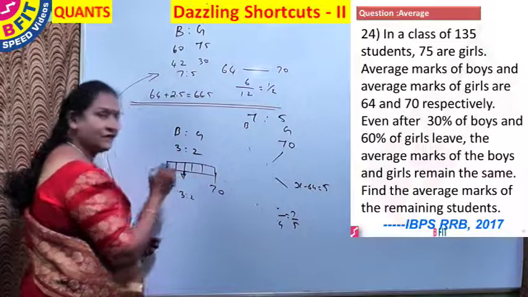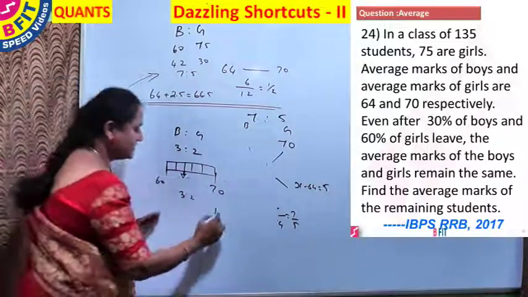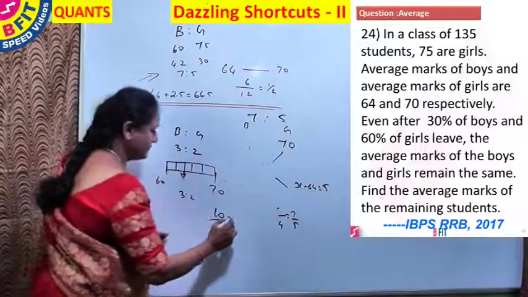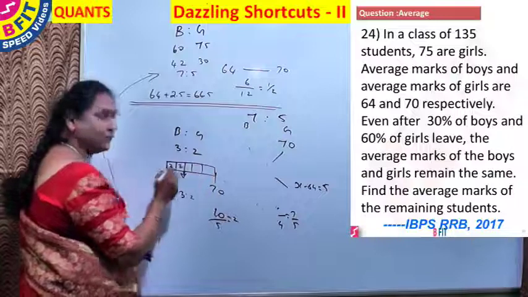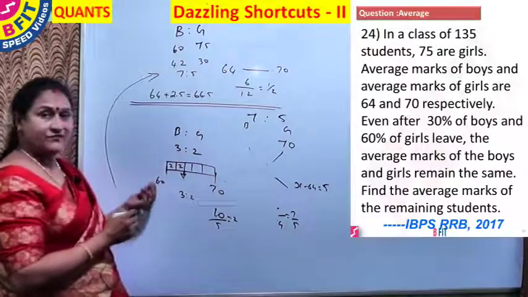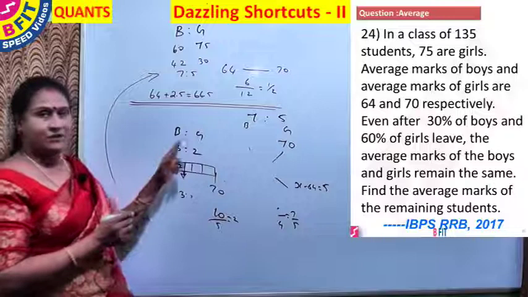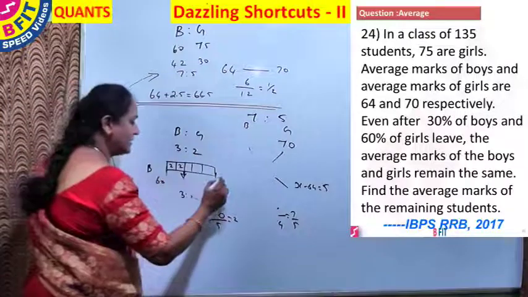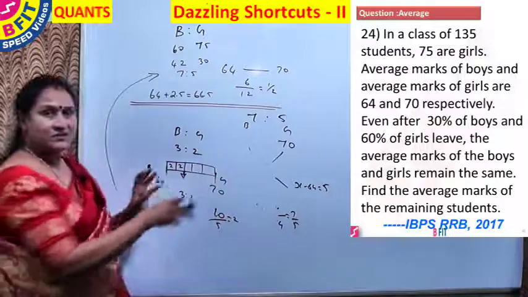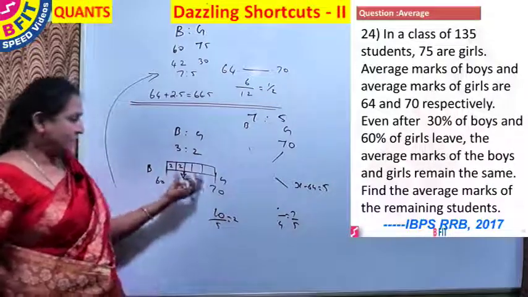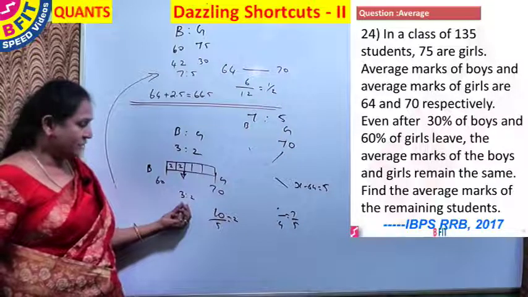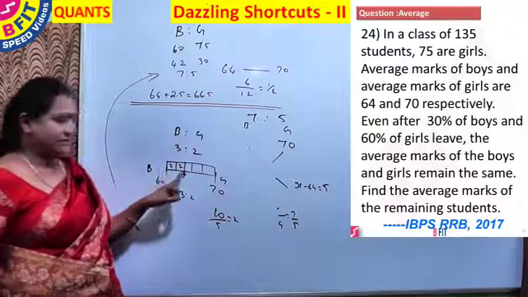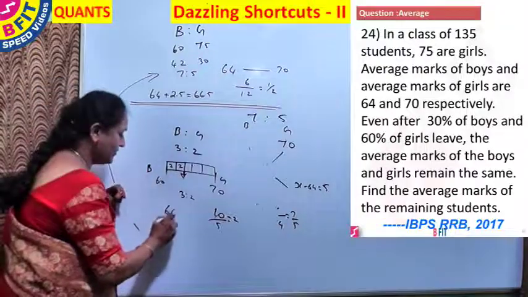The difference in data is 10, divided into 5 equal parts, so each box has 2. Using this simple procedure, this 10 is divided into 5 equal parts where one part is 2, and here we have 2 more than 60. So the average of the whole will be 64.